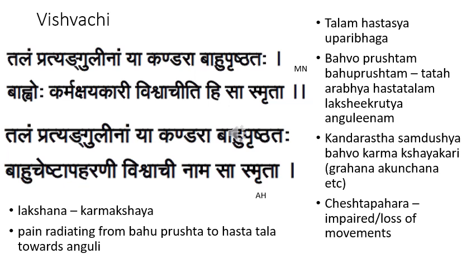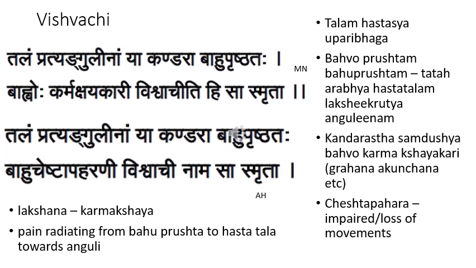Bahu Prishtam, the root of the arm, is where it starts, and it travels towards the Anguli, the fingers. So Talam Pratyangulinam is the direction of pain, or the radiation of pain.